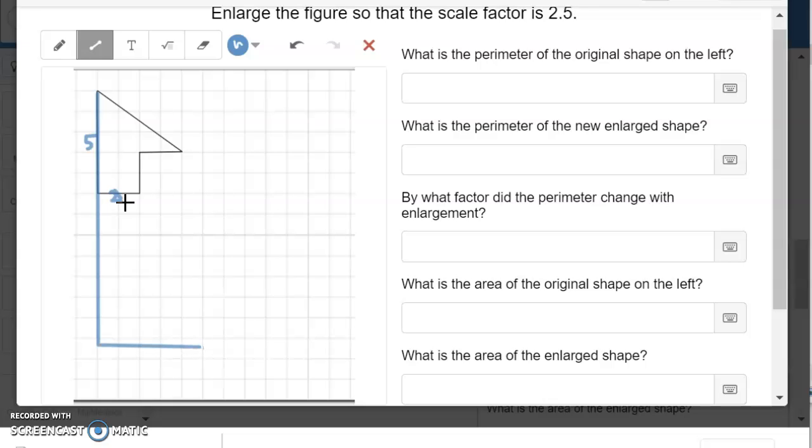Okay, then I need to go up. So from here, I need to go up by 2. 2 times 2.5 is going to be 5. So I need to go up by 5 units. So I need to go from here to 1, 2, 3, 4, 5.